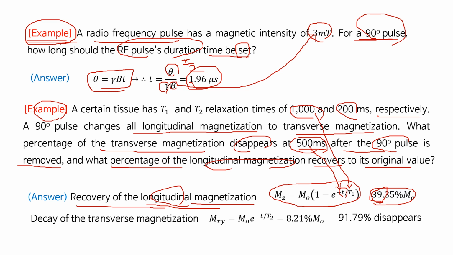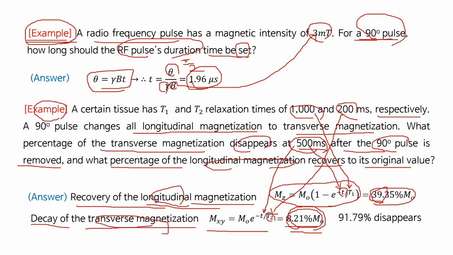And see the transverse modulation, decay of the transverse modulation is represented by this equation, and we put T2 to 200 milliseconds, and the observation time is 500 milliseconds, so you can get this one. Okay, so this is the remaining one, right? Remaining transverse modulation.